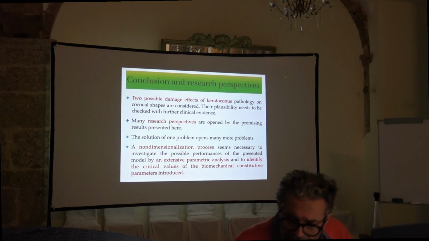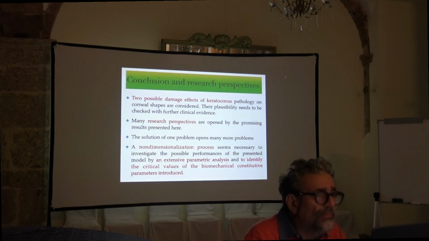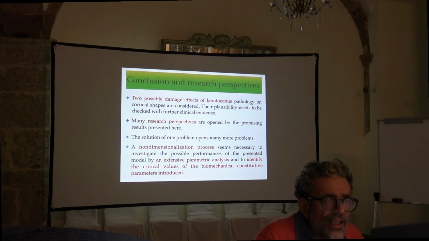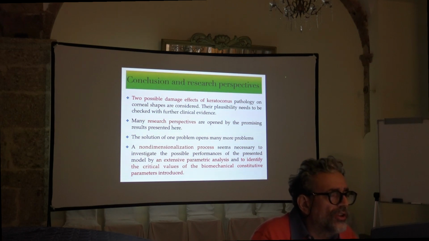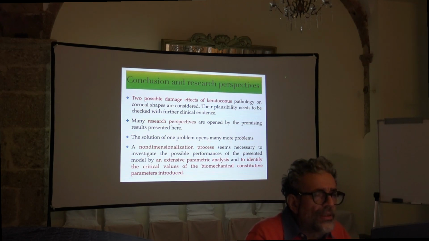So I am at the conclusions, with a few minutes of delay. Two possible damage effects of keratoconus pathology on corneal shapes are considered. Their plausibility needs to be checked with further clinical evidence.